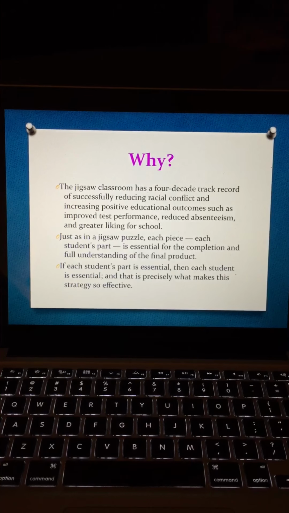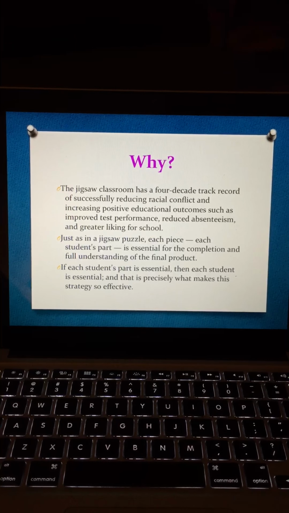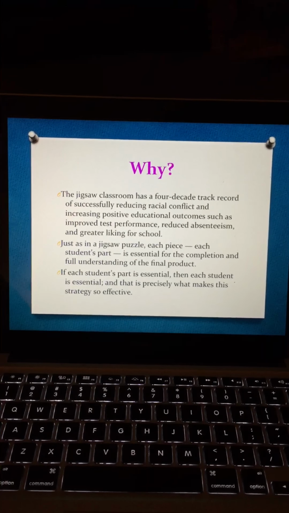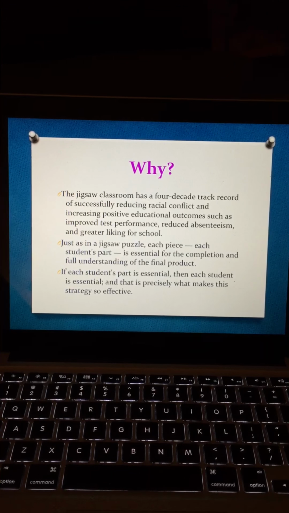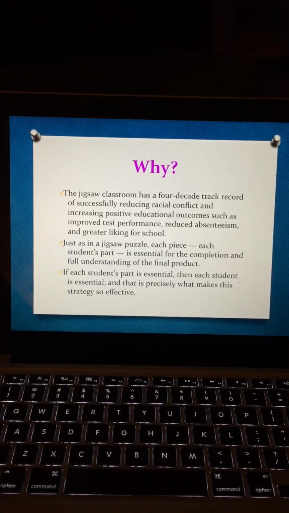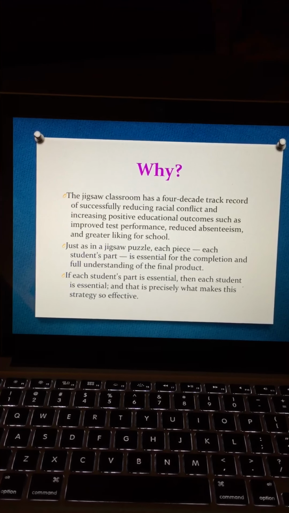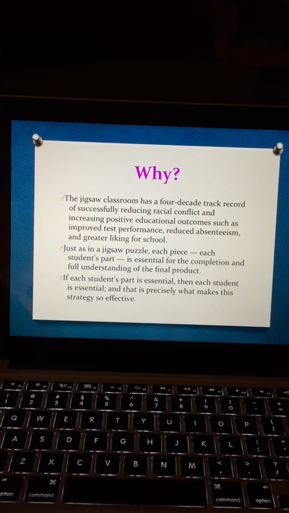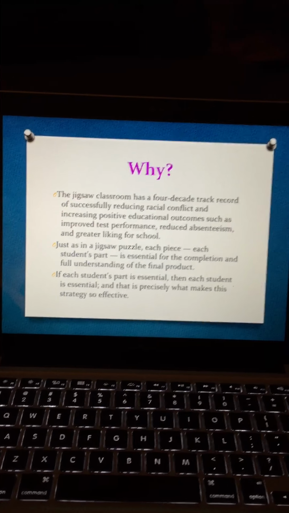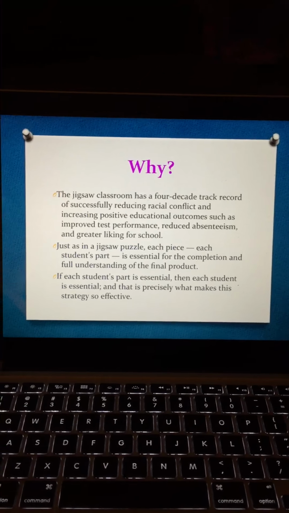Just as in a jigsaw puzzle, each piece, therefore each student's part in this case, is very essential for the completion and full understanding of the final product or final lesson. If each student's part is essential, then each student is essential, and that is basically what makes this strategy so effective and why it's been this way for many years.